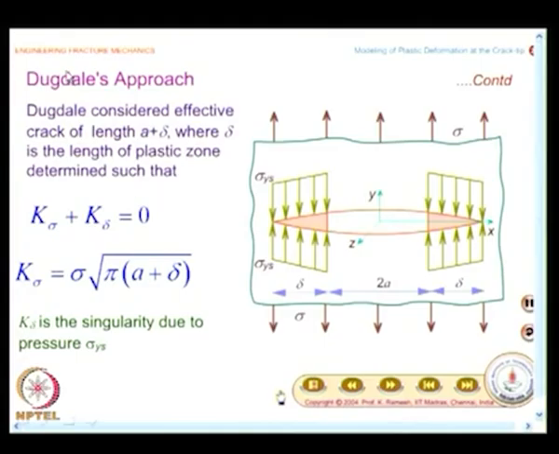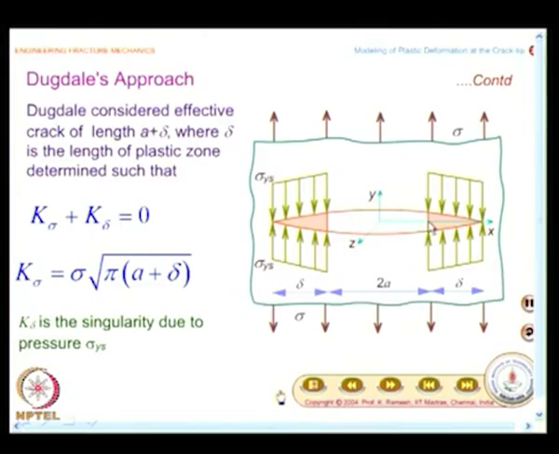Now, we will have to look at whether Irwin was the only person who calculated the extension of plastic zone length, because these are all models, these are very difficult problems that you are handling, and you have to find out whether the results obtained by Irwin compare reasonably with other solutions in the literature. You also had another approach, and this was done by Dugdale, who coined a different problem.